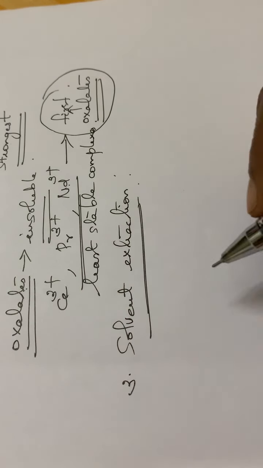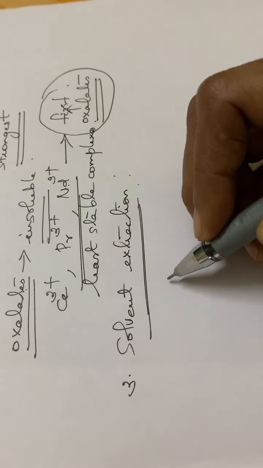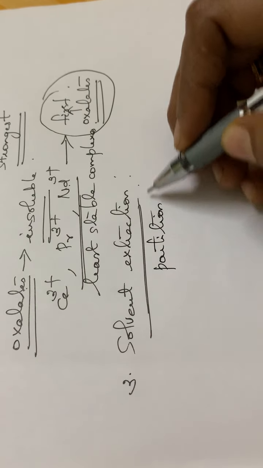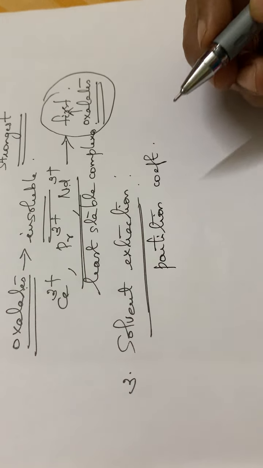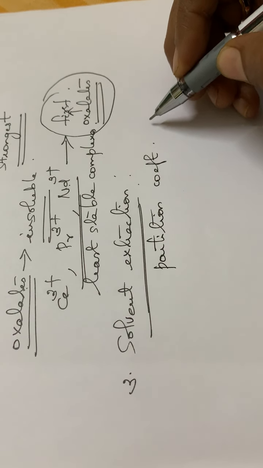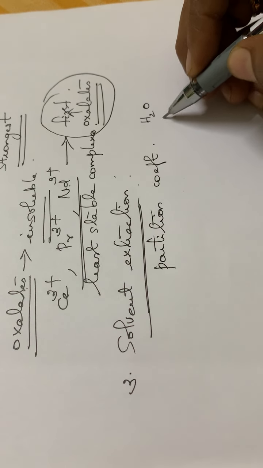Then the next one, solvent extraction. Here in solvent extraction we are using the principle of partition coefficient, the partition coefficient of these lanthanide salts between water and organic solvents.